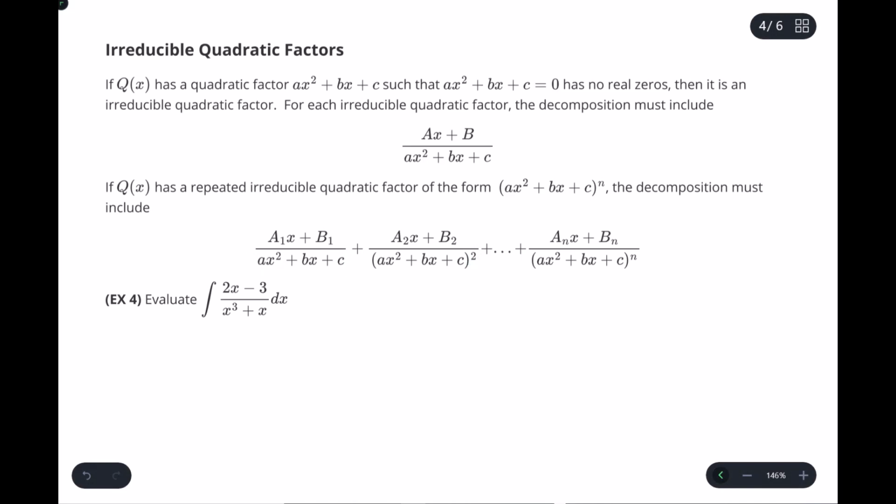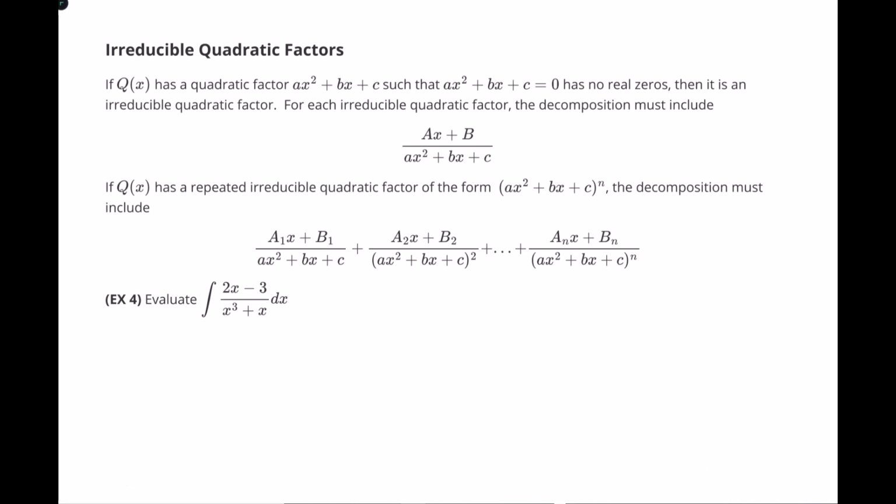The only difference is in the numerator. We do express the numerator as a linear function. And that comes down to, again, the reasoning behind it: you could still potentially have a proper rational function if the numerator here was at most linear. So anyhow, this is the way we would treat it.